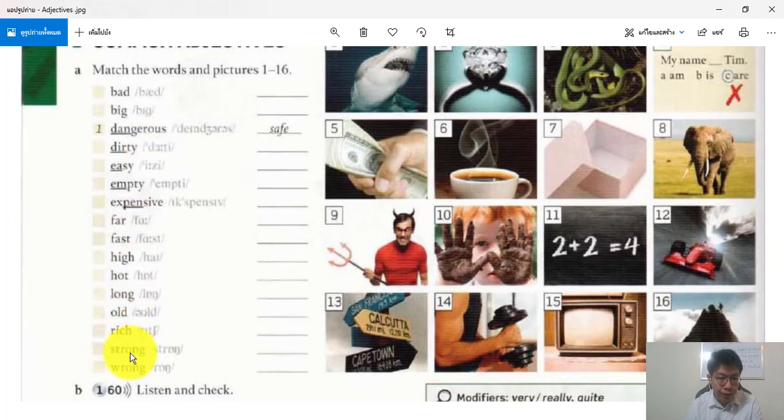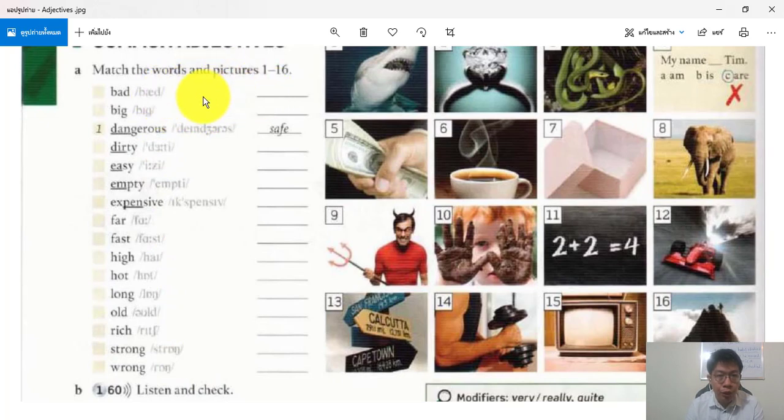This adjective here is pretty simple. Just like bad, big, dangerous, dirty, easy, empty, expensive, far, fast, high, hot, long, old, rich, strong, wrong. Okay, so I guess that's all of these adjectives. It's very simple for you. I hope that you know all of them already, so I don't have to translate for you again.